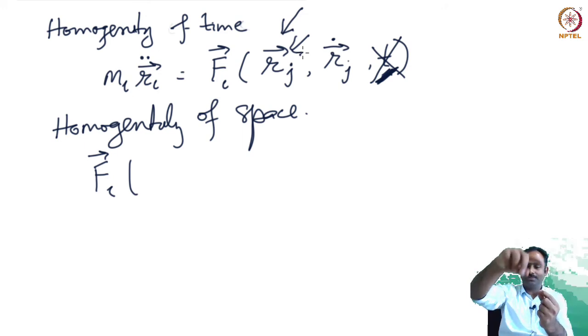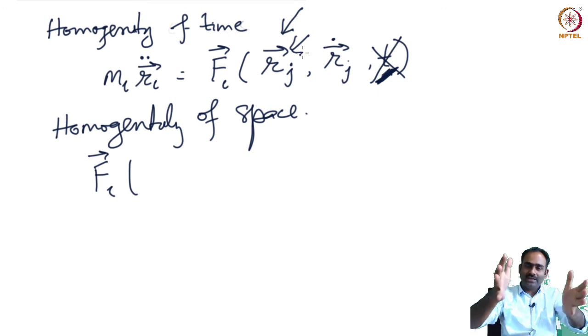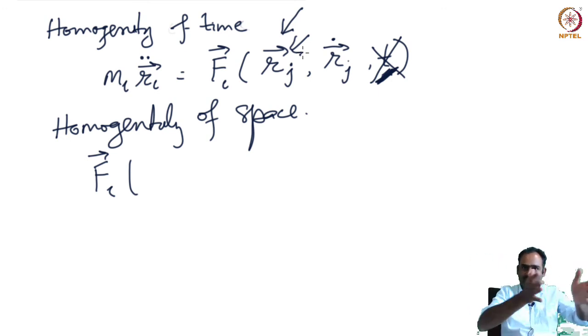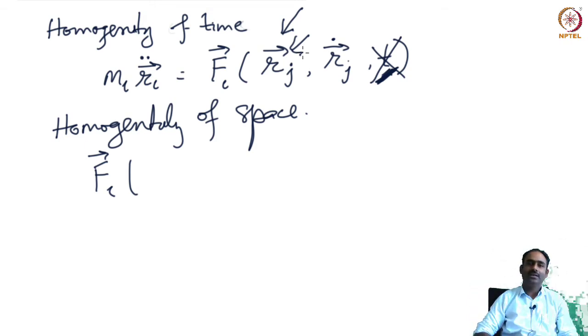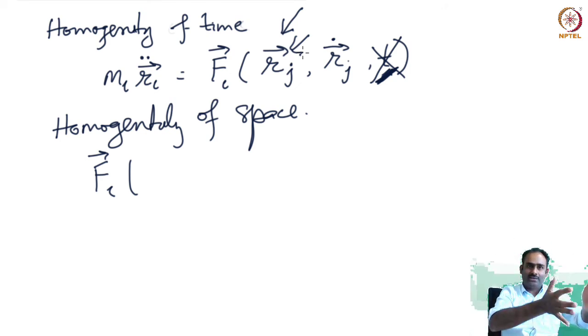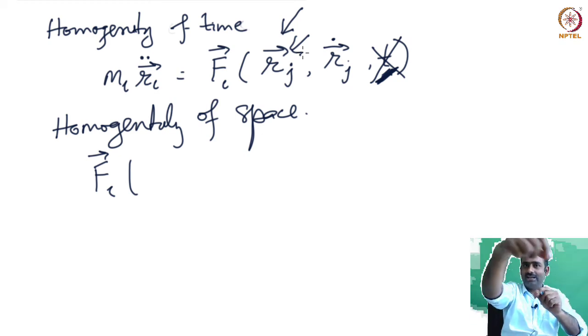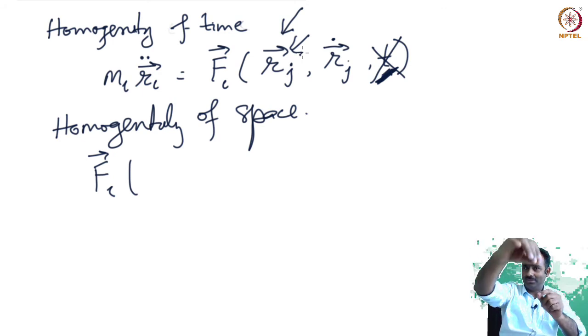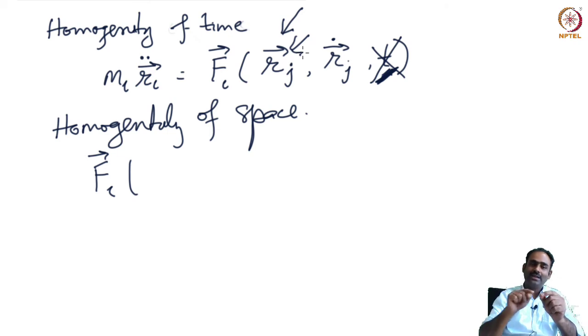Now because of homogeneity of space, if I take the entire setup and move it to some other location, if I do a translation by a vector a, so let's say just translate everything along the x-axis, nothing should change, right? Whether I do an experiment here or take the entire box and put it somewhere else, nothing should change. Which would mean that the forces should not care about where this particle is, where that one is, what the exact locations of those other particles are at time t. But what it should care about is the separation between this and that.